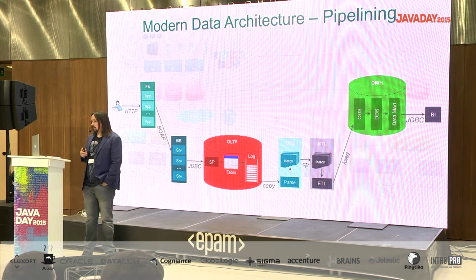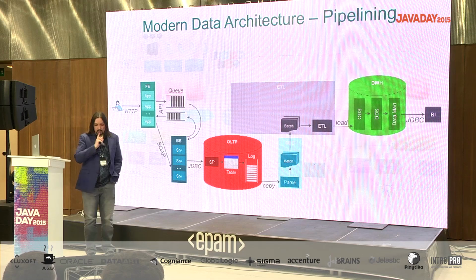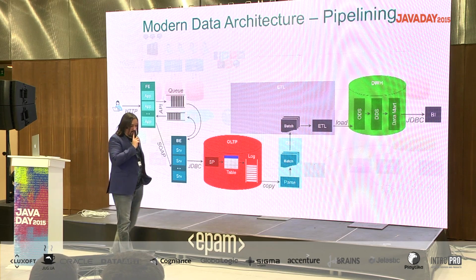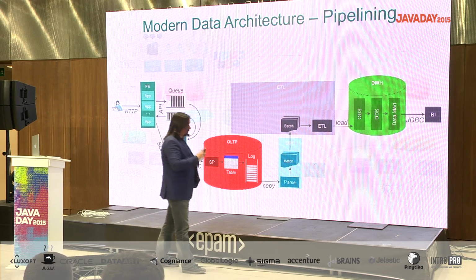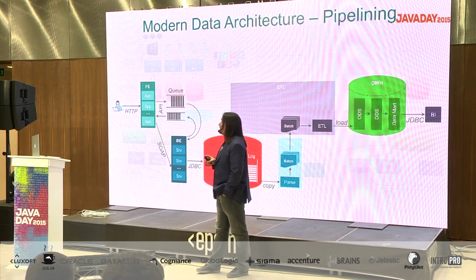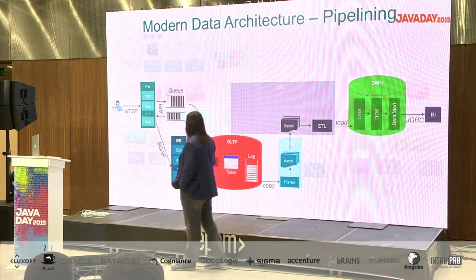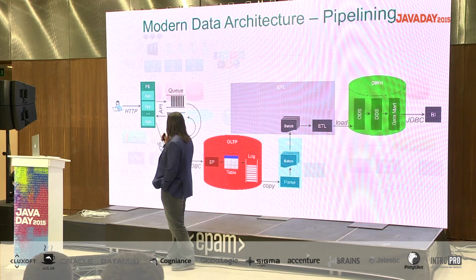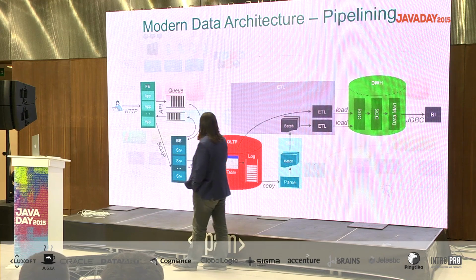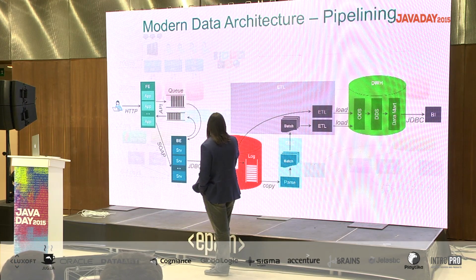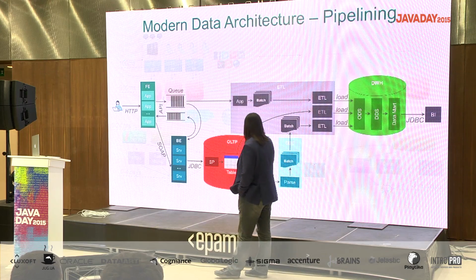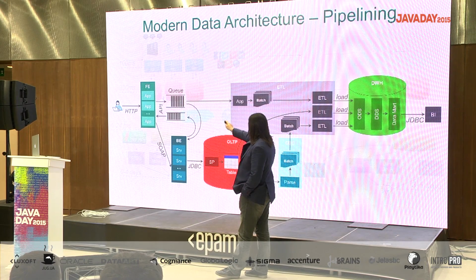What can we do here? First of all, we can introduce the reactive programming approach with queues. And this queue might be an external queue, not internal, but a separate solution. This way, we can solve a number of problems. First of all, we can get the data from the queue and not go into the OLTP database.